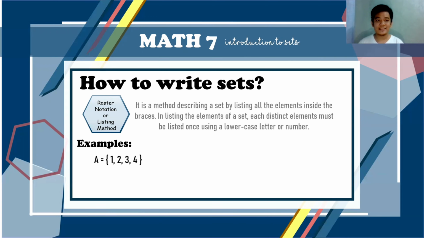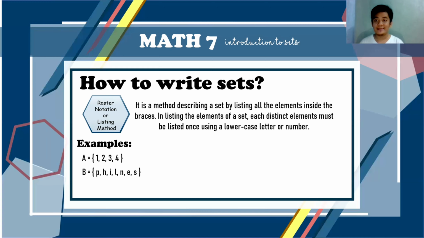Let us have another example. We have set B equals {p, h, i, l, n, e, s}. I know that these letters came from the word Philippines, and we know the word Philippines has 3 P's and 3 I's.